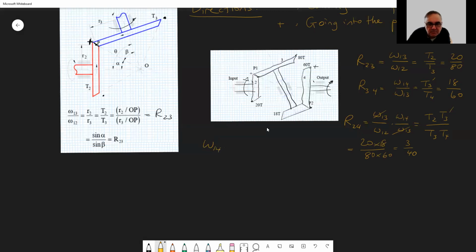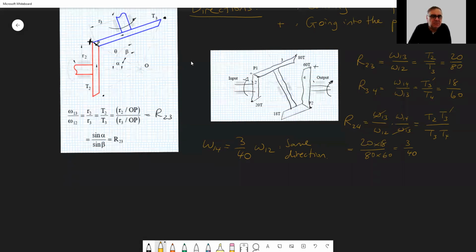Omega 1, 4 is 3 over 40 times omega 2, and they are in the same direction.